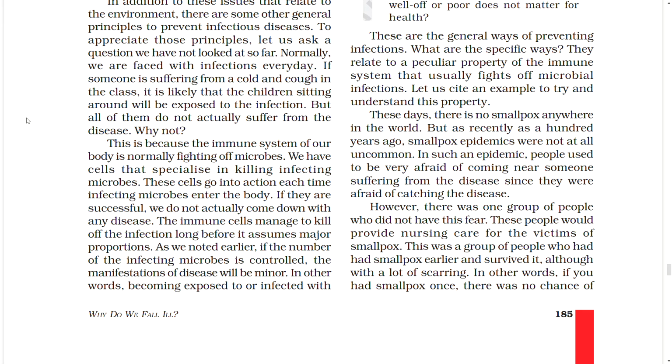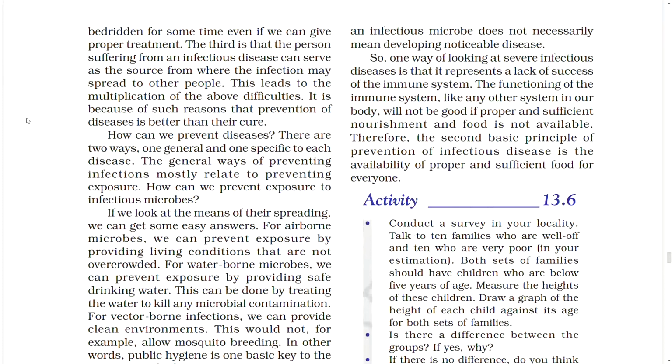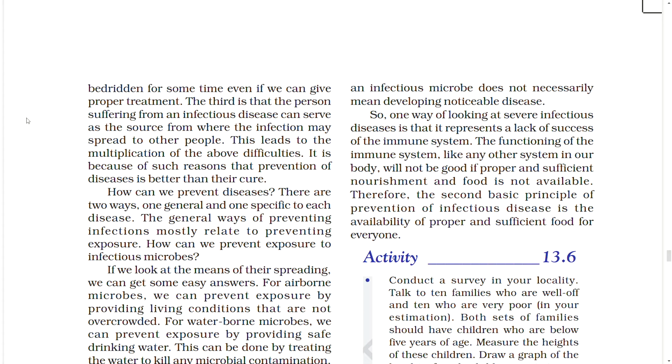As we noted earlier, if the number of the infecting microbes is controlled, the manifestations of disease will be minor. In other words, becoming exposed to or infected with an infectious microbe does not necessarily mean developing noticeable disease.